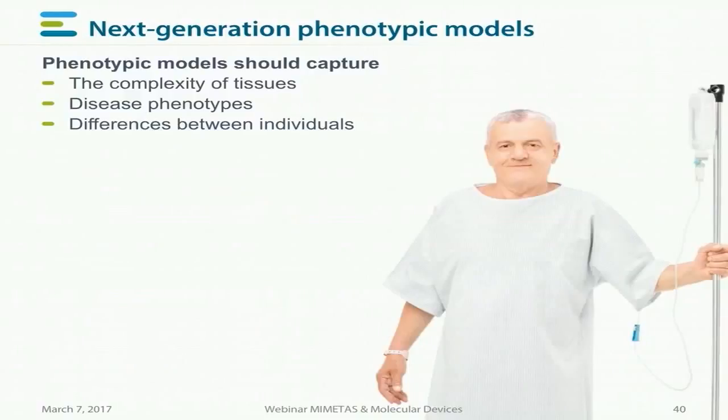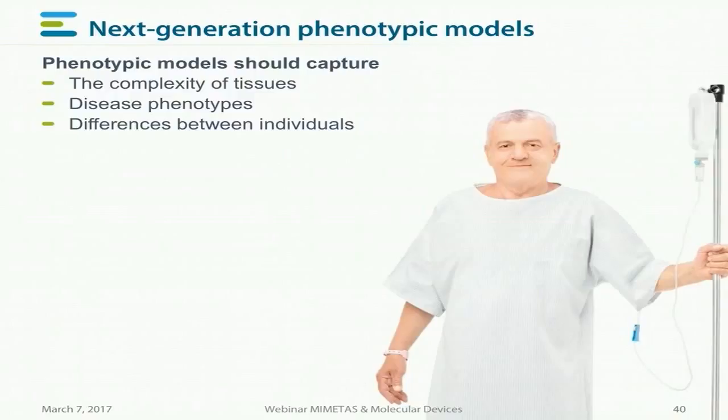At Mimetas, we're convinced that these organoplate-based models are the next generation of phenotypic models. They can capture the complexity of tissues by having adjacent co-culture of different cell types, incorporating vessel structures which are perfused, allowing full interaction between the cells and a free choice of extracellular matrices.